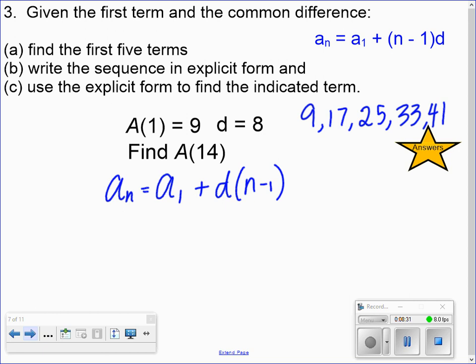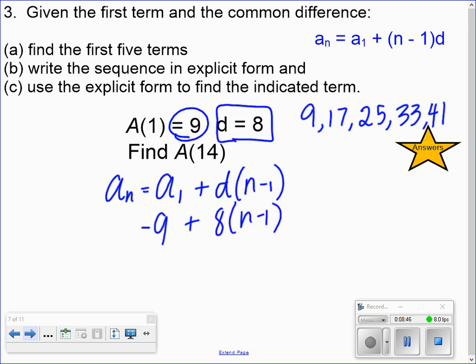So we need our first term, which they give to us. They say our first term is 9. So 9 plus our common difference, which is 8, times n minus 1. And then we want to use this to get our 14th term. So anywhere where there's an n, because we're looking for the 14th term, is where we're going to write 14.